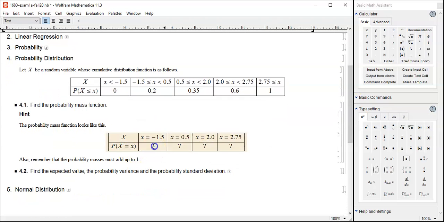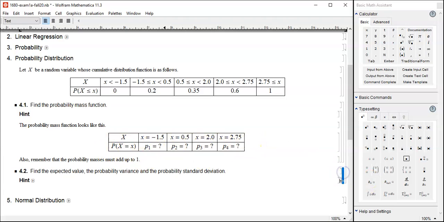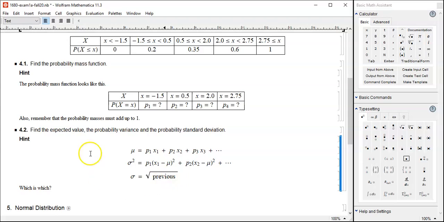Now, once you have that mass function, probability of first event, P1, P2, P3, and P4. Once you get all these, you can now answer this question here.